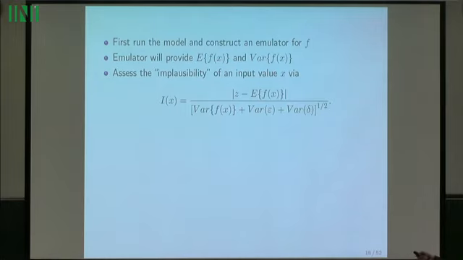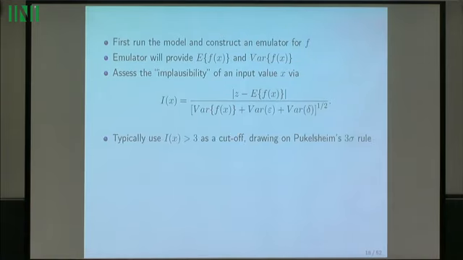Exactly what you calculate will depend a little bit on the nature of your input and output data, but for the moment, assume we're looking at a scalar output. So we're going to look at the difference between your observation and your emulator mean, and then you've got these three variances. You've got the variance of your emulator, so your uncertainty about the emulator, the variance from the observation error, and the variance from the discrepancy.